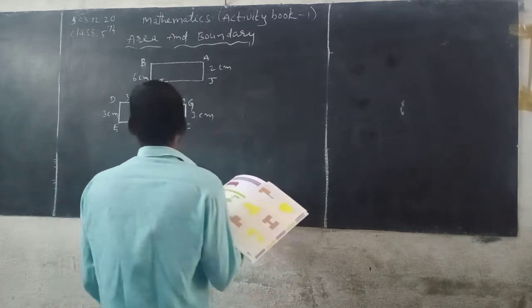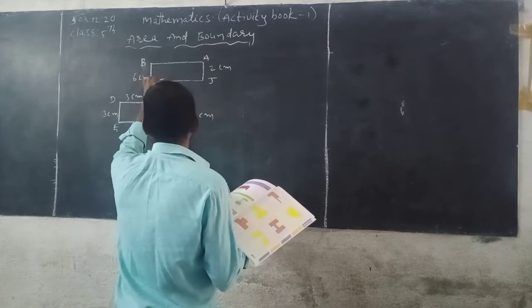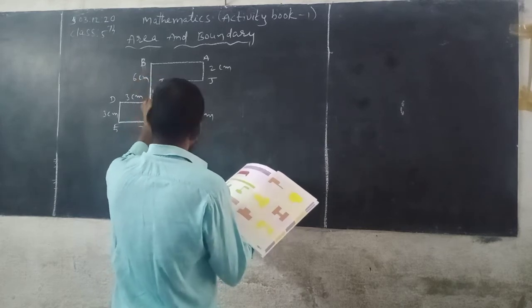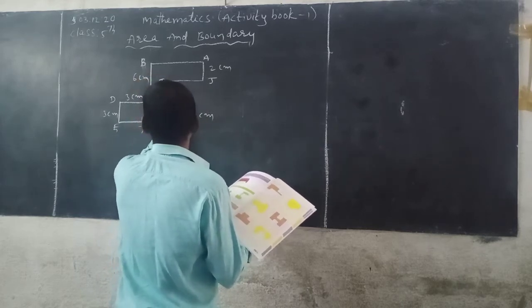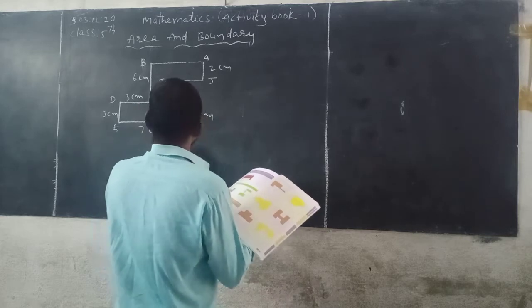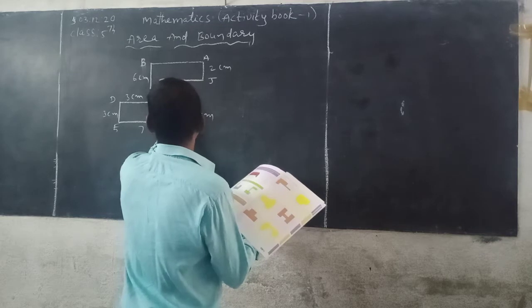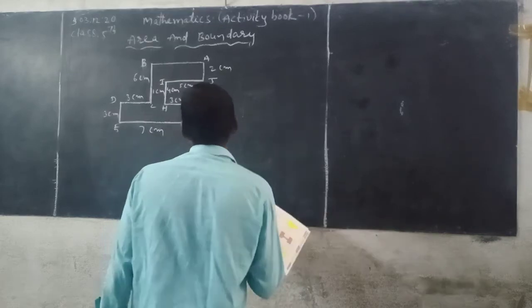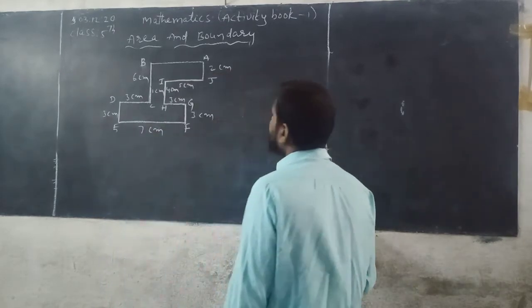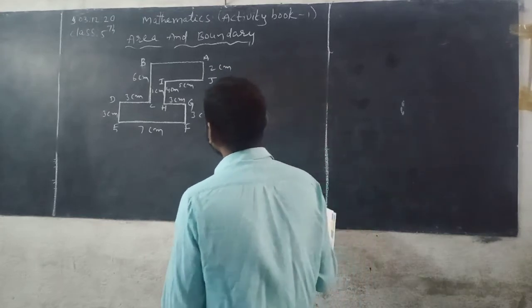Okay. See, this is 4 centimeters. So IJ is 5 centimeters beta. So you can find out the length of the side of AB.